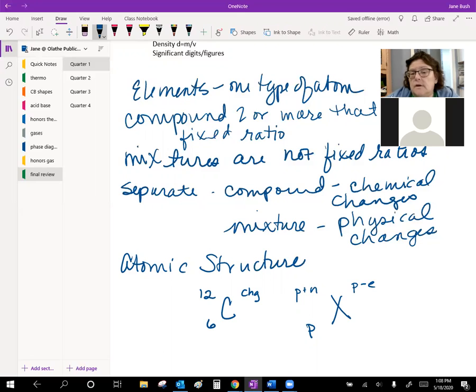So if you're given a mass and a proton number, you can easily figure out how many neutrons you have, because you just take mass minus protons. And if you're given protons and neutrons, you can figure the mass by adding them together. And then charges, the number of protons minus number of electrons, that's when we're talking about ions. So that's pretty basic.